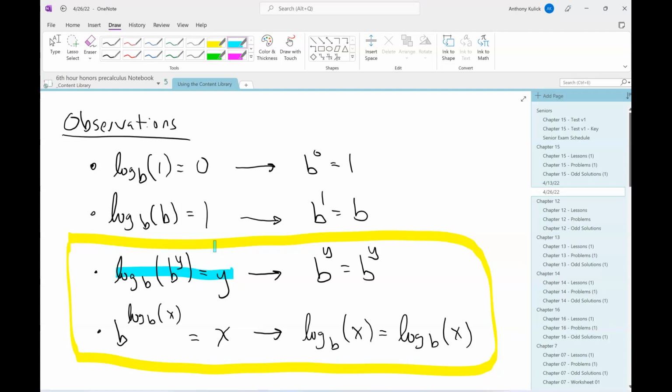So we can use a logarithm to cancel an exponent base. In the fourth observation here, we're seeing that an exponent base can cancel a logarithm. So we can use an exponent base to cancel a logarithm when we're solving. Okay? So those two going forward are going to be super helpful to us.